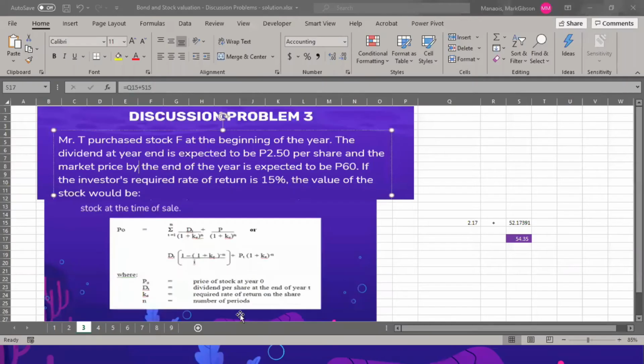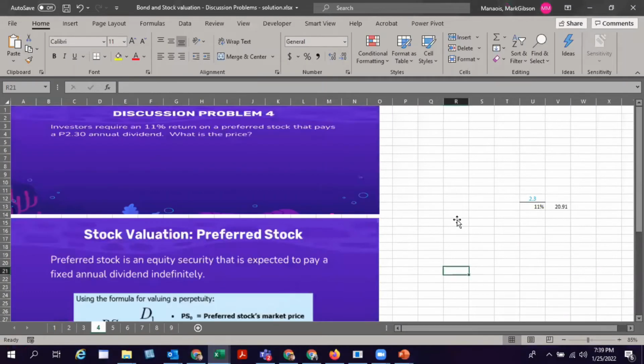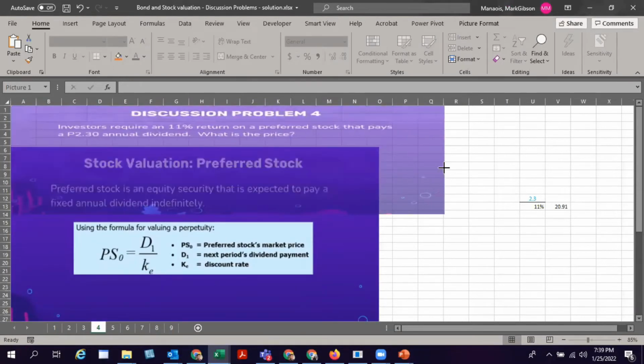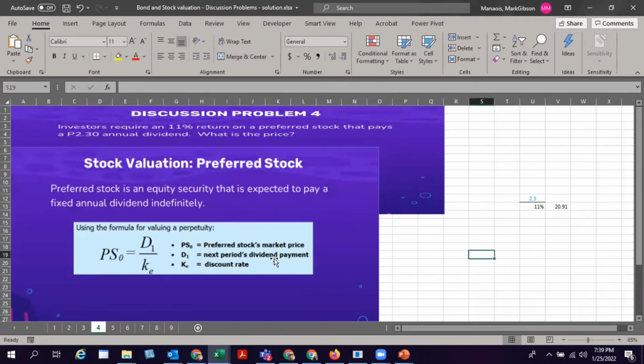So let's have problem number 4. Here we're being asked about the price of the preferred stock. Investors require an 11% return on a preferred stock that pays a 2.30 annual dividend. Let's derive the formula. D sub 1 is the next period's dividend payment.